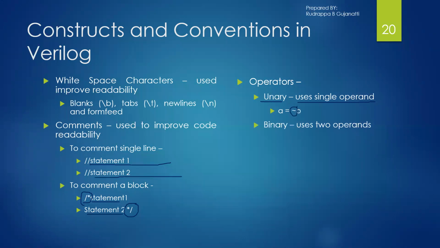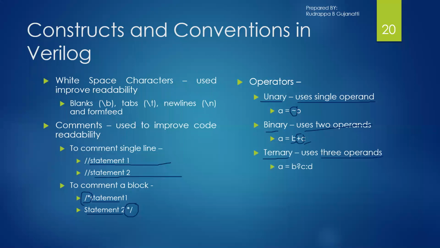Binary operators are those which operate on two operands. For example, A equals B plus C. Plus is a binary operator, which is operating on the B and C operands. Then we have ternary operators, which make use of three operands to decide on some factor. You might have seen this in C programming. A similar kind of ternary operator is present in Verilog.